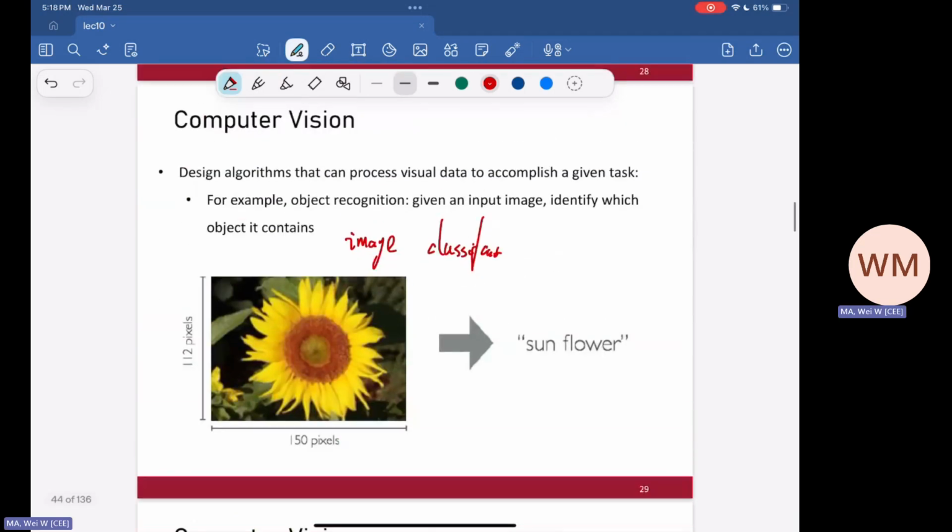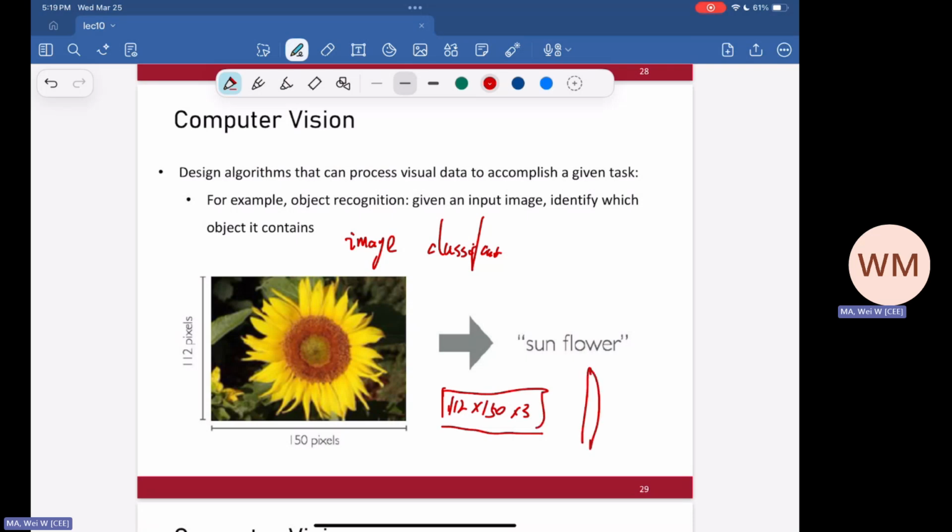So I think now you can develop a neural network for this. What is the input dimension for this image? This is 112 pixels times 150 pixels, and this is a color image, so it's three channels. This is your input dimension.